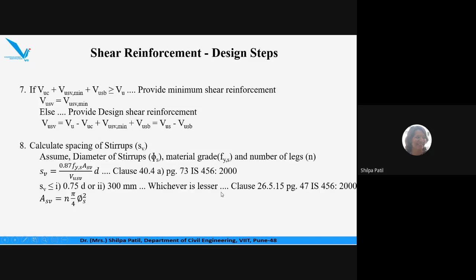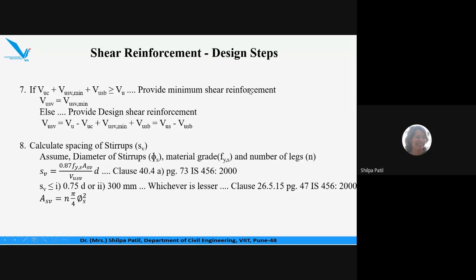Okay, so let us consider now the next step. If VUC, that is the shear force resisted by concrete, plus VUSV minimum, shear force resisted by minimum reinforcement, plus VUSB, shear force resisted by bent up bars, all these three shear forces, if greater than or equal to VU, the actual shear force acting on a beam, there is no need to design for stirrups.